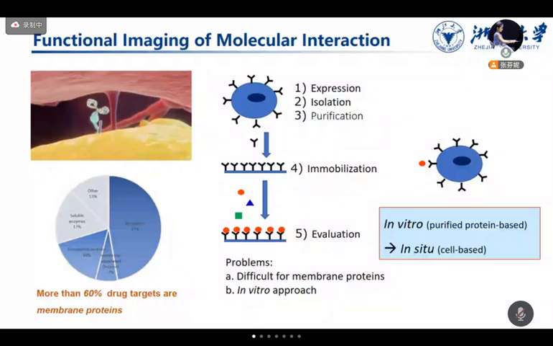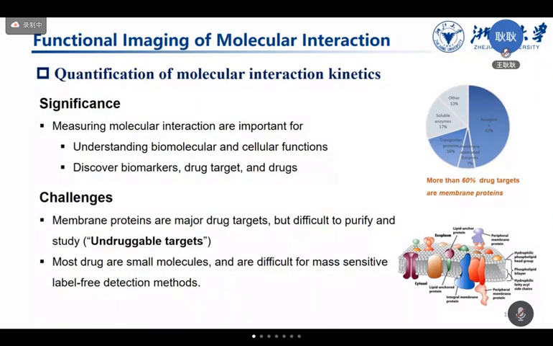We want to develop an in situ, native method by trying to capture the native detection on the cell surface. This is another summary of the motivation and significance of why we are doing molecular interaction measurements on the surface: we want to understand cellular function and signal processes, and also we want to discover drugs.